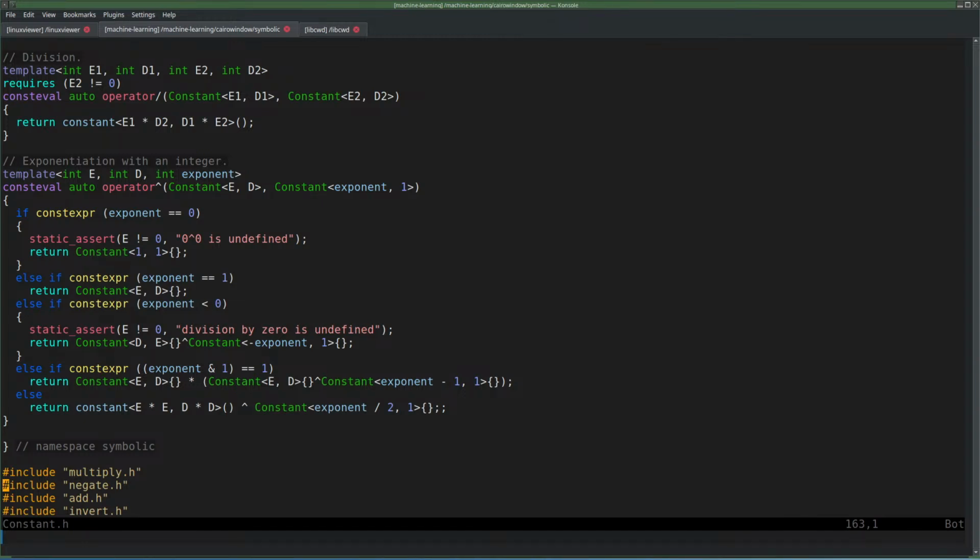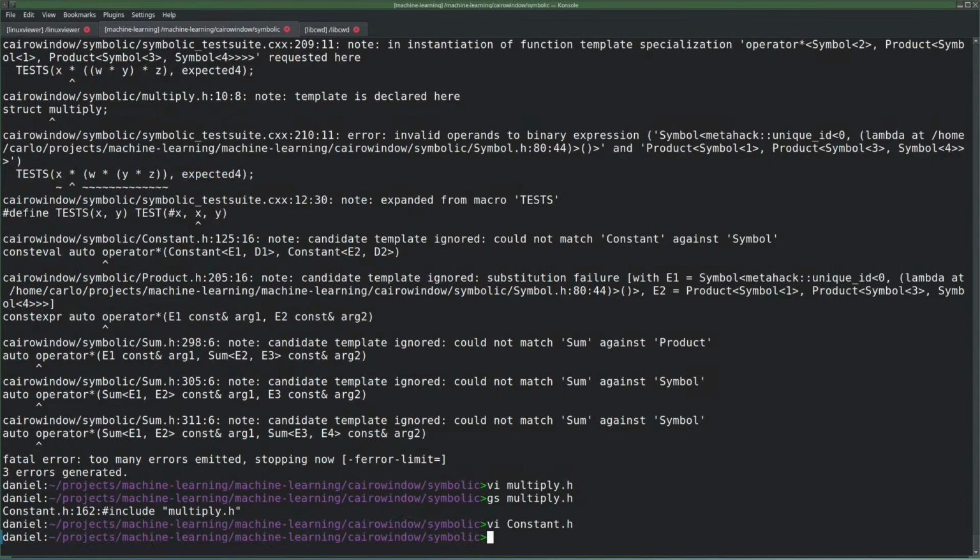We have a header inclusion order nightmare here. It would be really nice if we could work with forward declarations instead of actually including the thing.